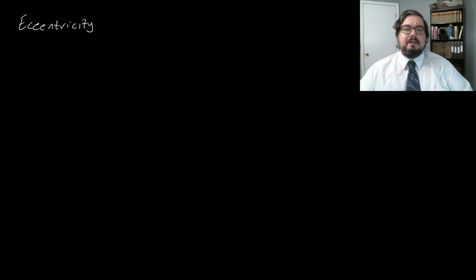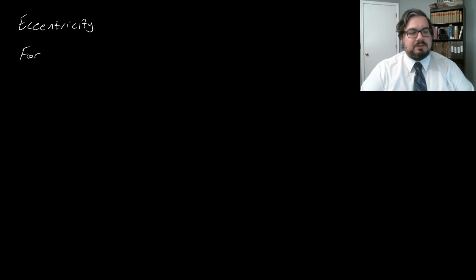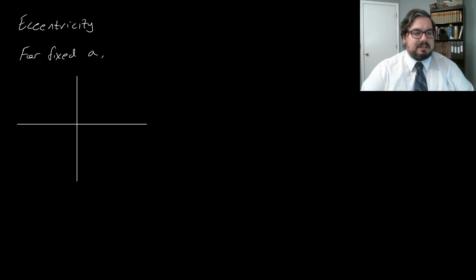As the foci of an ellipse get further apart or closer together, the ellipse changes its shape. So for a fixed value of A, if we change where the foci are, then we get different shapes.